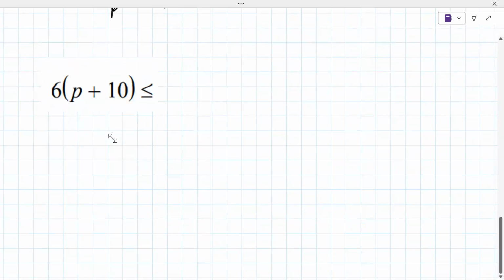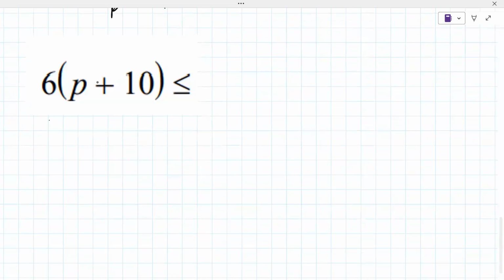All right, so let's make the -6 less than or equal to 36, please.